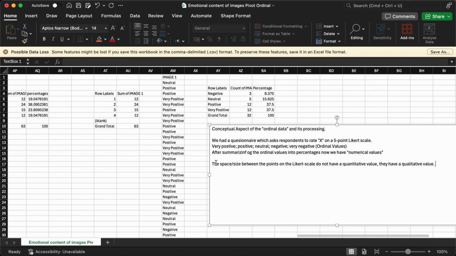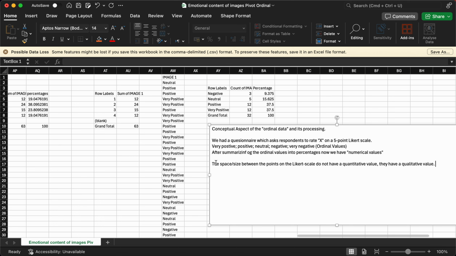So if I ask you the difference between neutral and positive, how much is the difference, that is a wrong question, isn't it? Because you cannot say how much different, because it's not something quantifiable.